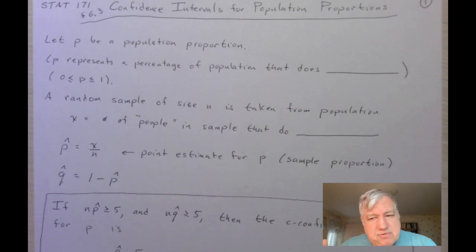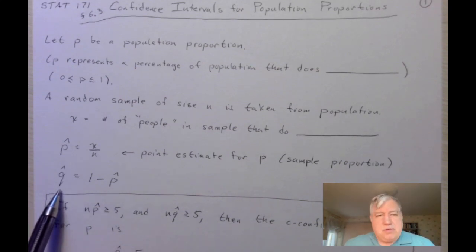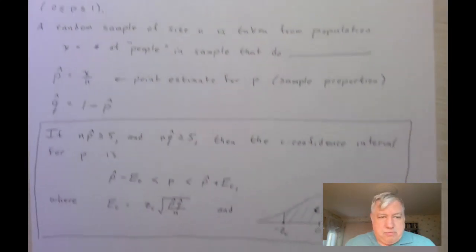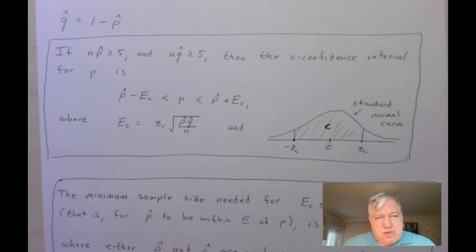That's the percentage of people in our sample that do blank, that make a success. We'll also need this complementary estimate, q hat, which is just 1 minus p hat.